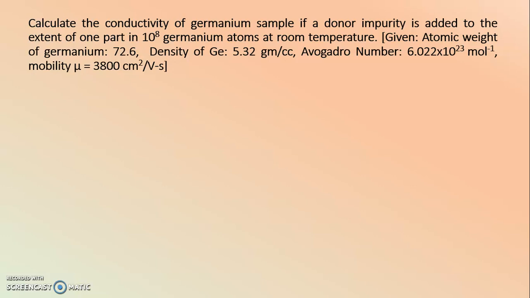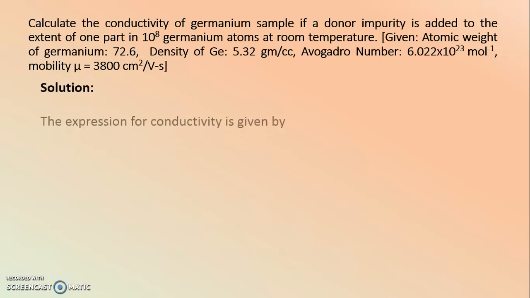So first we have to find out how many total electrons are available, and then out of those, only one active electron per 10 raised to 8 germanium atoms is useful for the conductivity. So first we'll see what is given.